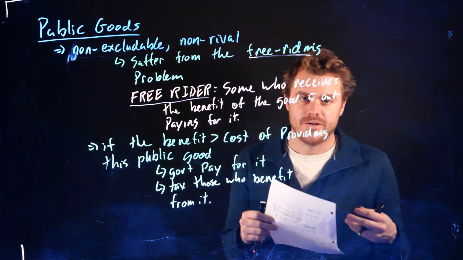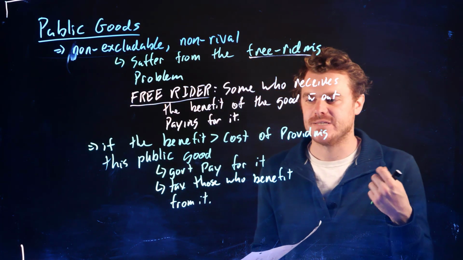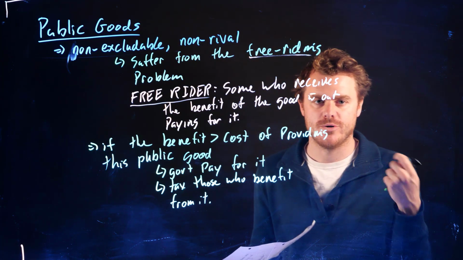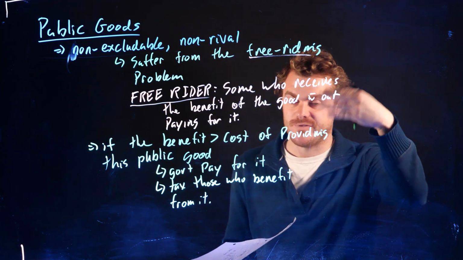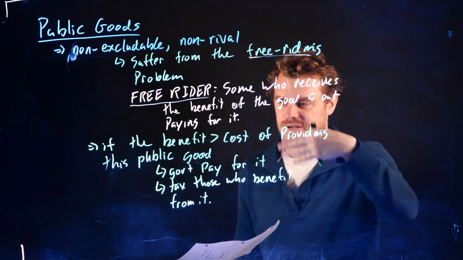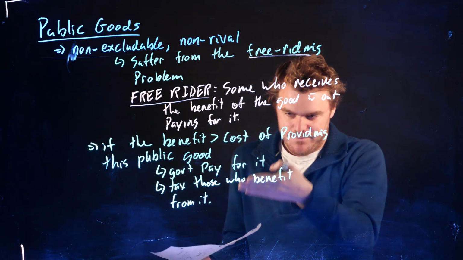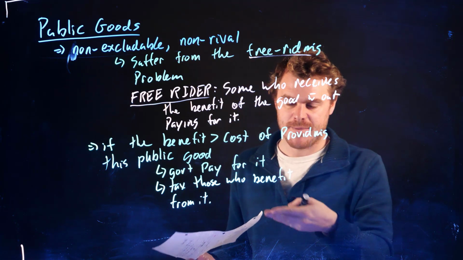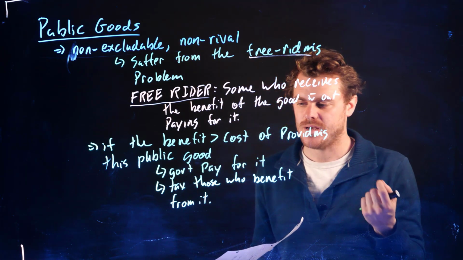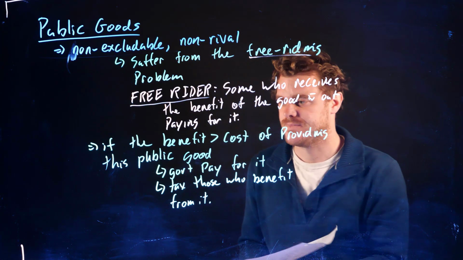So the government would pay for the provision of these public goods, because people on their own might try to free ride a lot. And then the government tries to make this money back by taxing people who benefit from this.